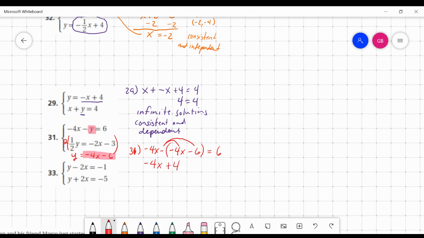So it's plus 4x plus 6. Look what happens. Negative 4x plus 4x is 0. So we're left with 6 equals 6. Again, like the previous problems, this one is infinite solutions. Consistent and dependent.